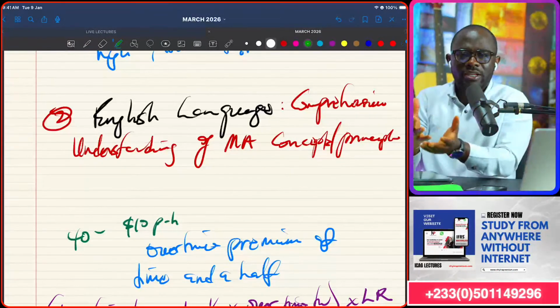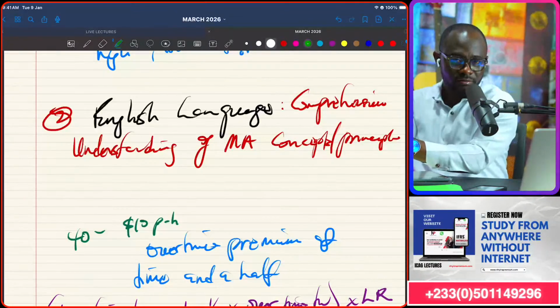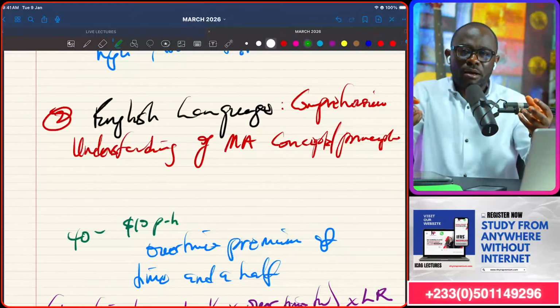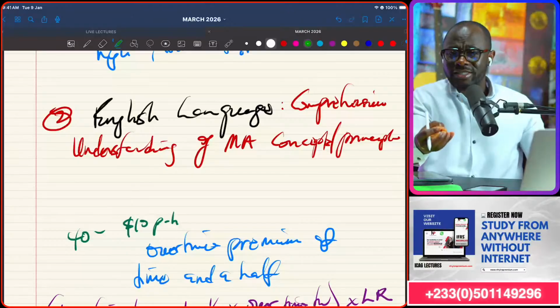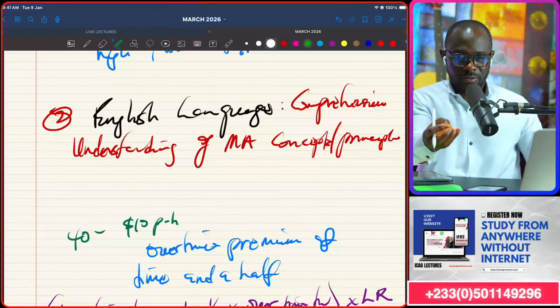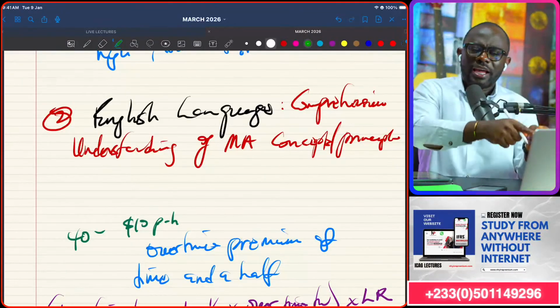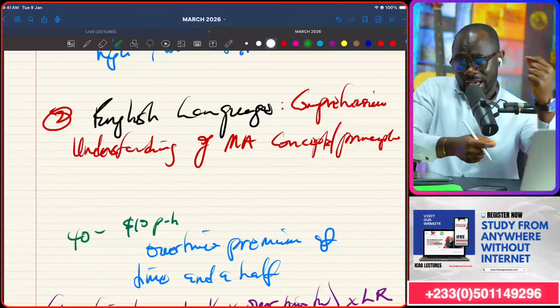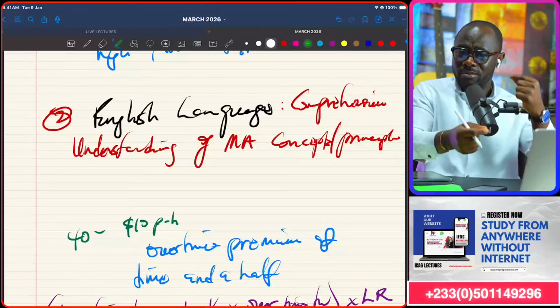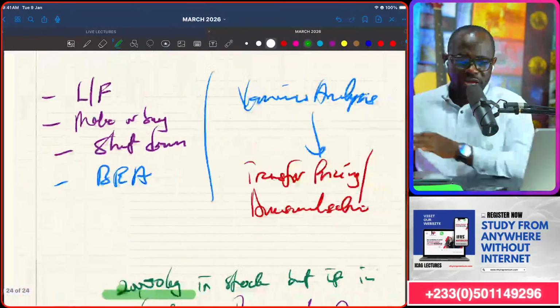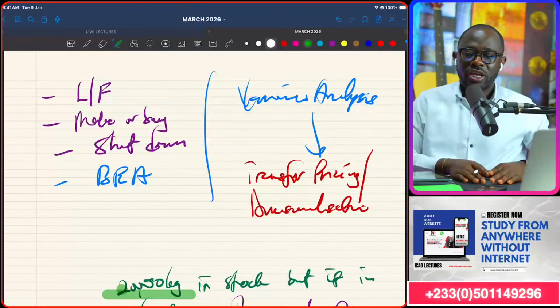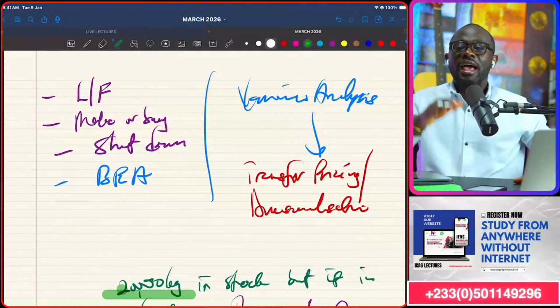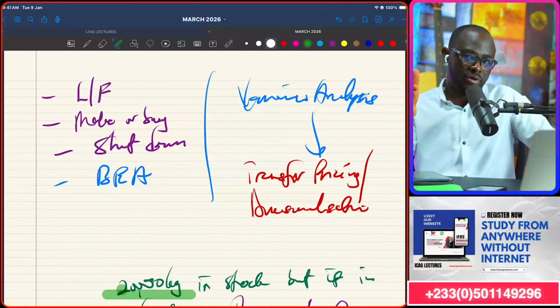Not the English language you speak, but understanding the management accounting concepts and principles. Because if you don't get the management accounting concept and principles, the English that we use in management accounting, you will read something and reach a wrong conclusion and then go and bump in the exam hall.